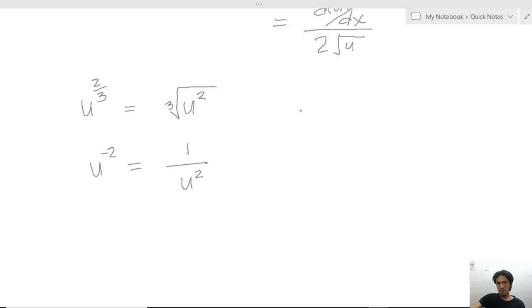So, in general terms, u raised to m over n, where m and n are constant values, is equal to u raised to m and the nth root of this function. And u raised to negative n is equal to 1 over u raised to n. Okay, let's continue.